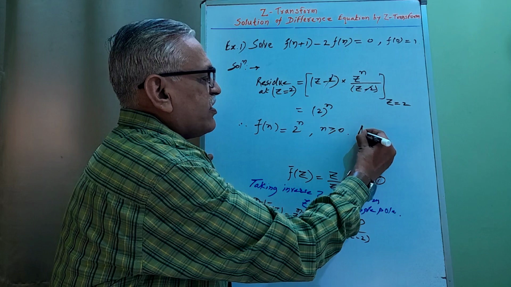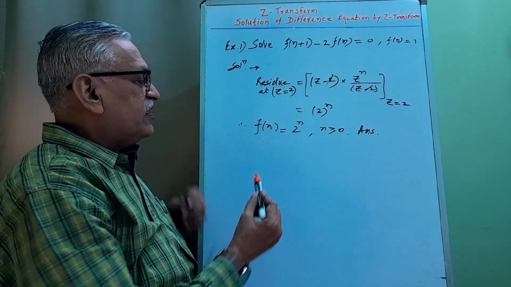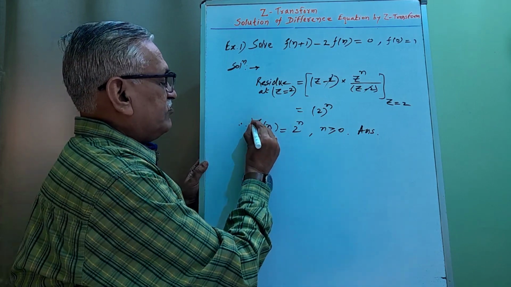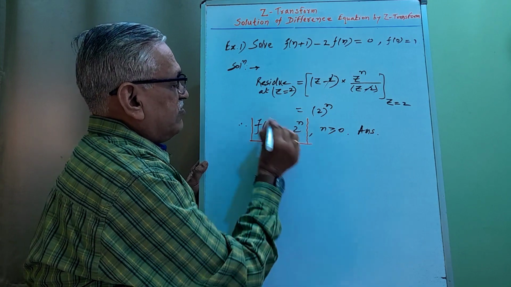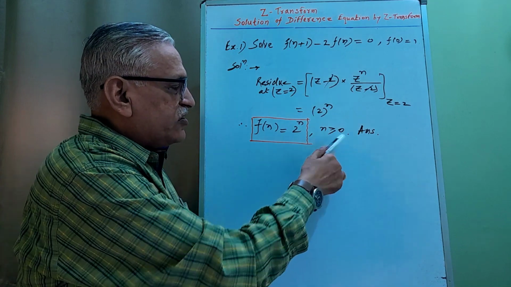So the final solution is f of n is equal to 2 raised to n for n greater than or equal to 0.